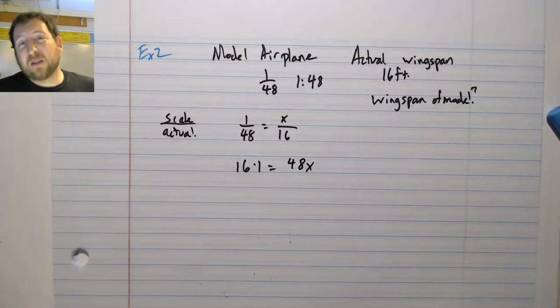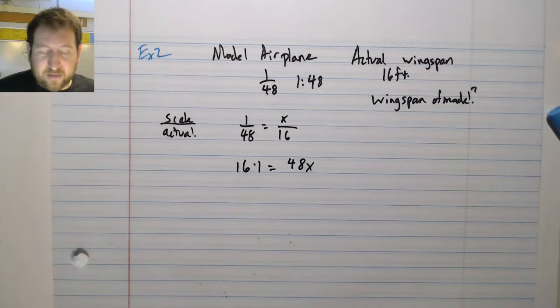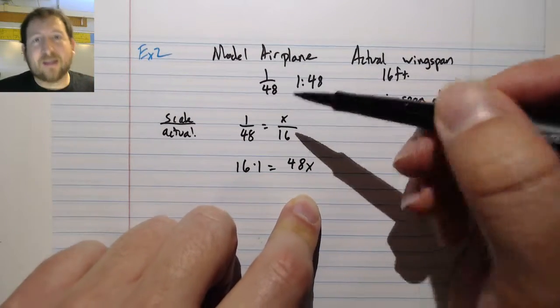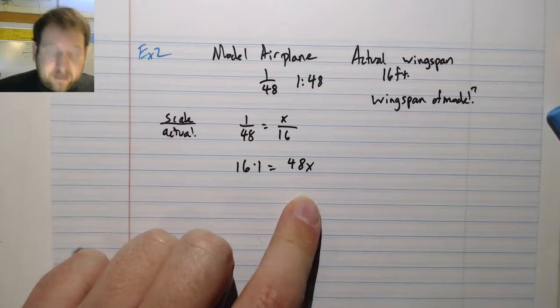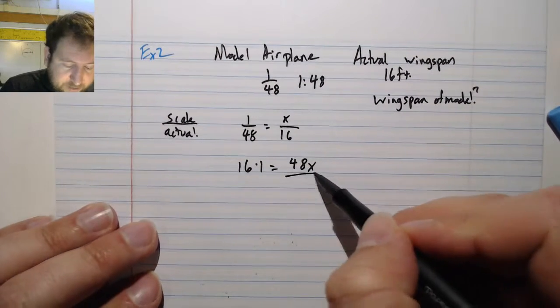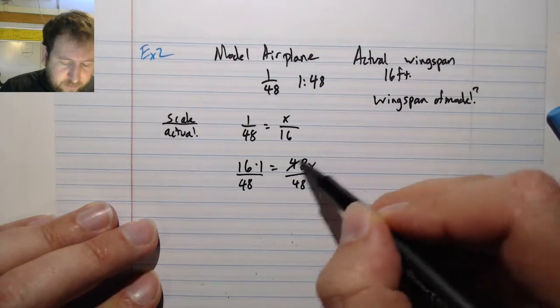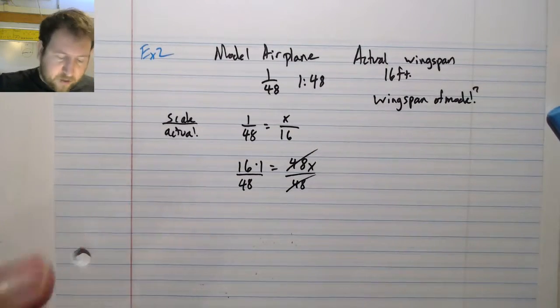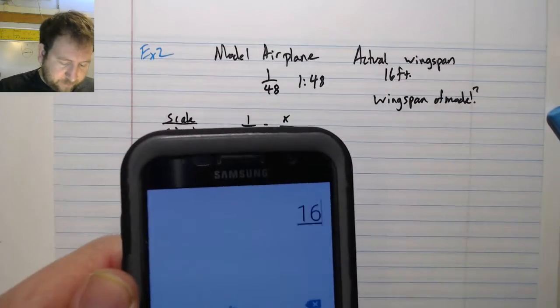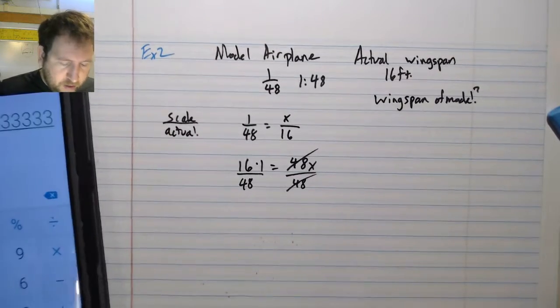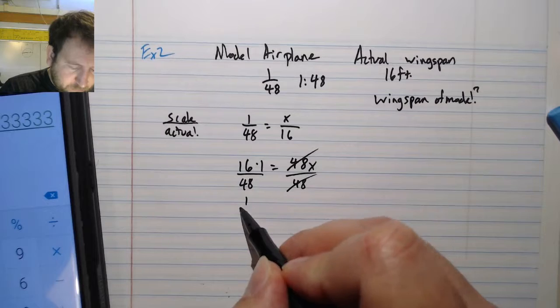Now, this time I don't get x by itself. I shouldn't have said what I said earlier, because if I'm working for my scale, I will have to multiply it out. But that's easy, because all I have to do here is divide. So I can divide this side by 48, this side by 48. These 48s go away, which ends me with 16 divided by 48, which is 1/3.